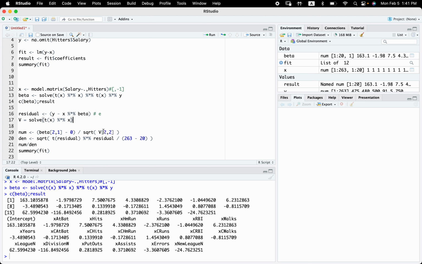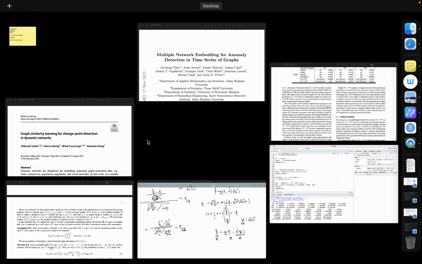Here I'm just going to use the 2 entry here. So this is referring to the first coefficient that is not the intercept. That's the numerator, and then the denominator is E transpose E over n minus p. Including the intercept, we have 20 coefficients here. So that's the denominator.